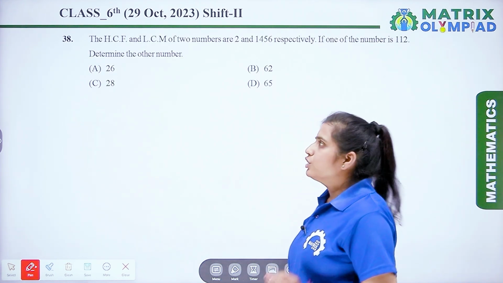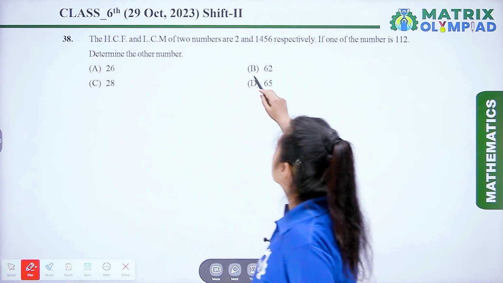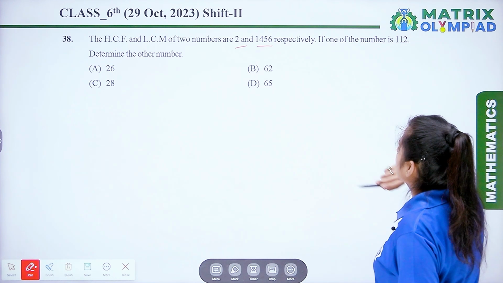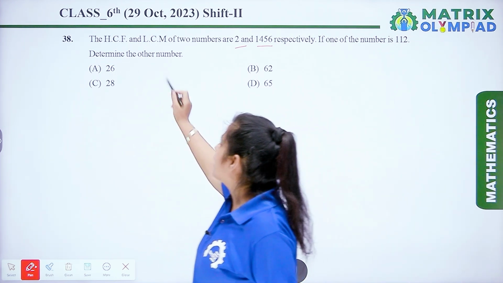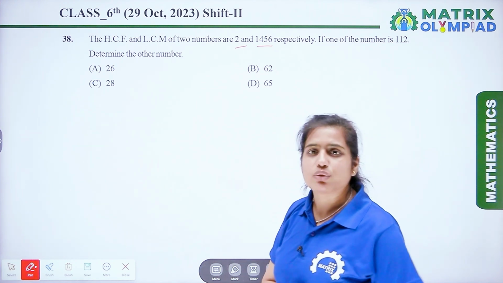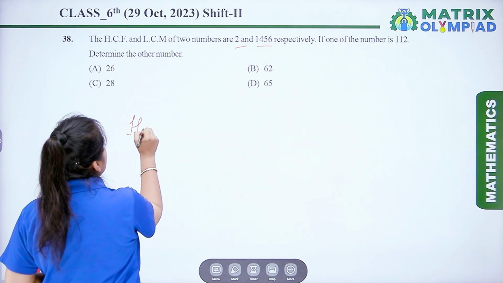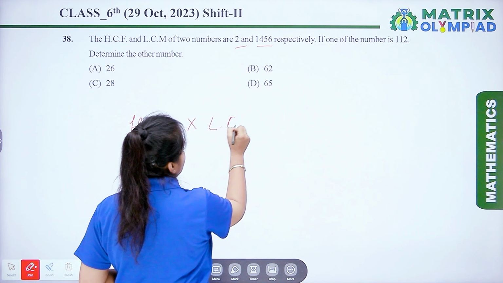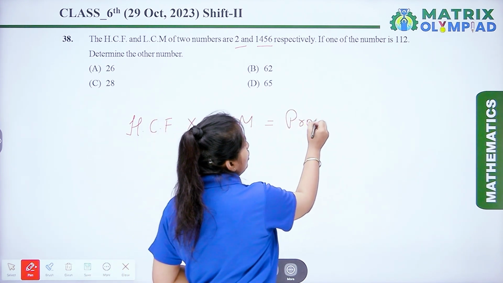Now the next question is question number 38. The HCF and LCM of two numbers are 2 and 1456 respectively. If one of the numbers is 112, determine the other number. We have to find out the other number. We can find it by using the formula, and the formula is HCF multiplied by LCM is equal to the product of the two numbers.